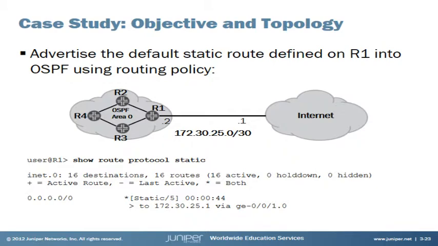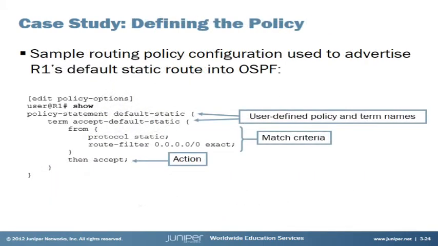So we're going to do a show route protocol static, and what we see here is we've got a default static route, there it is, all good. Now, how do we go about making OSPF advertise that static route? So we go under Edit Policy Options.